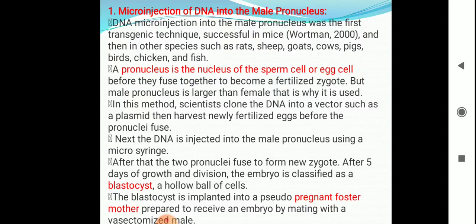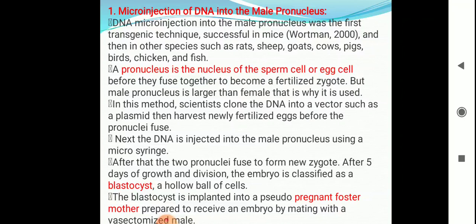A pronucleus is the nucleus of the sperm cell or the egg cell before they fuse together to become a fertilized zygote. The male pronucleus is larger than the female, which is why it is used. In this method, scientists clone the DNA into a vector such as a plasmid, then harvest the newly fertilized egg before the pronuclei are fused. Next, the DNA is injected into the male pronucleus using a microsyringe.